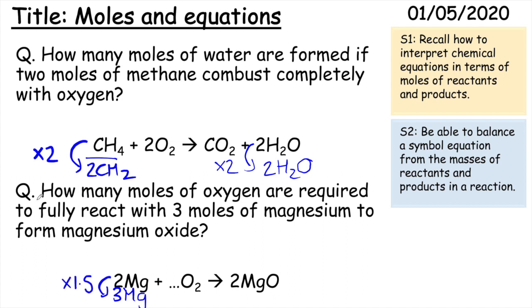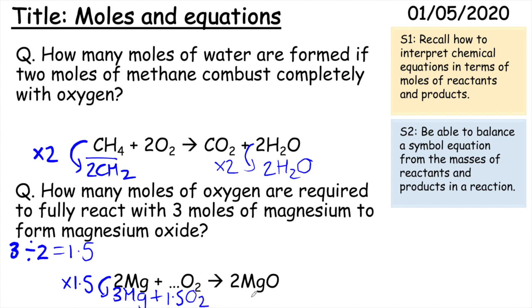And if you wanted to find out how I know this, if I find out how many times 2 goes into 3, it goes into it 1.5 times. So that's how many times I know it's increased by. So if I times the left by 1.5, I can do the same for oxygen here. So this here multiplied by 1.5 would be 1.5.